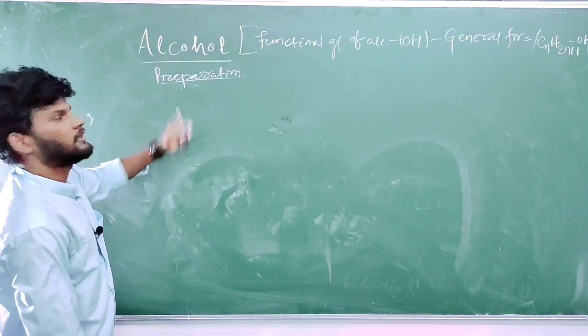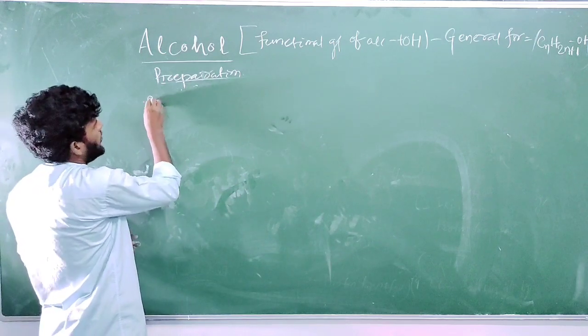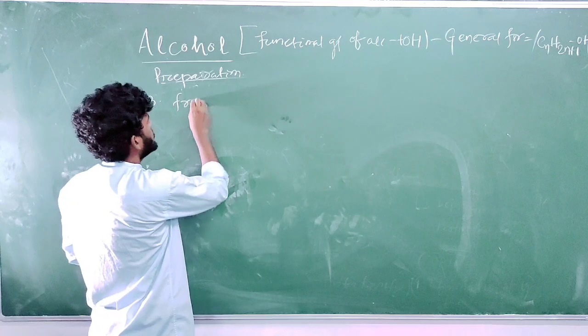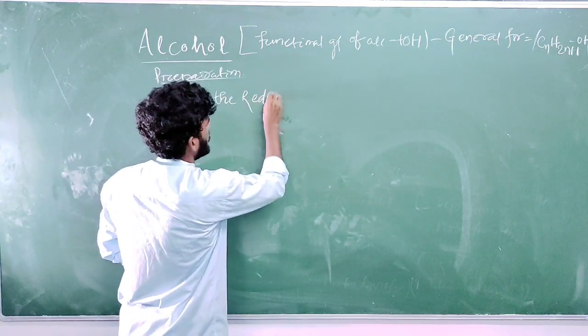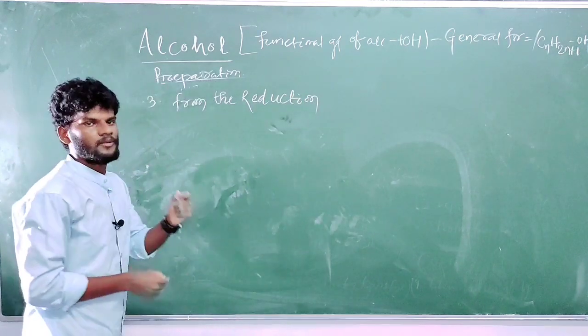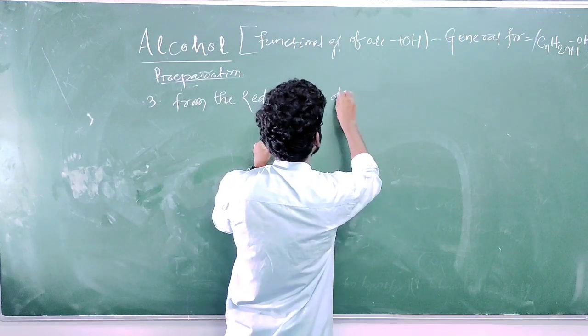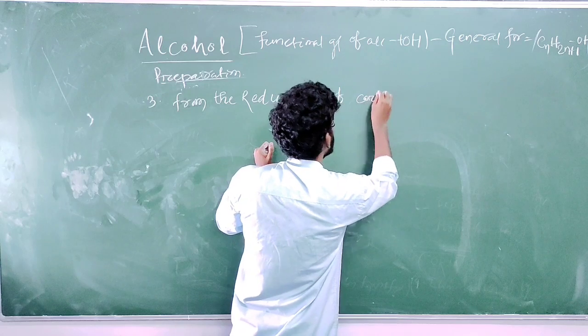So the third method of preparation of alcohol is from reduction. All of you know reduction. What is reduction? Write in the comment box what is meant by reduction. From the reduction of a carbonyl compound.